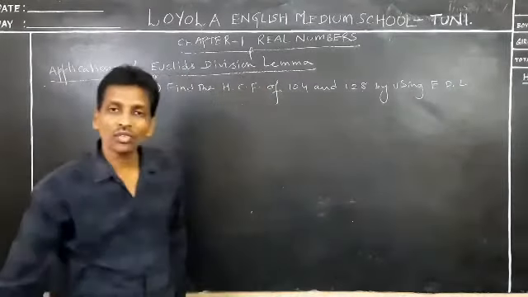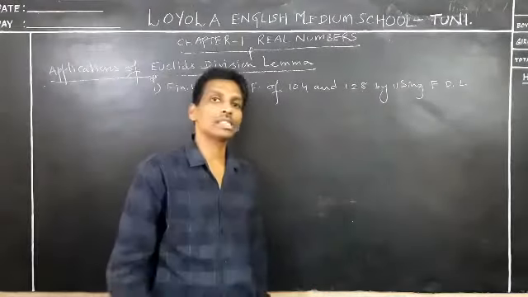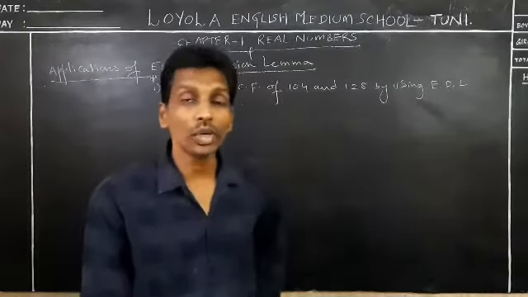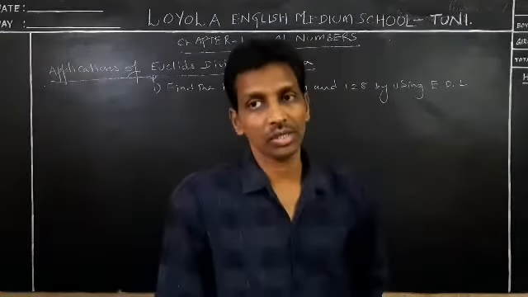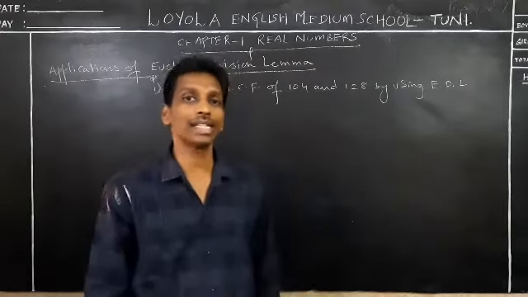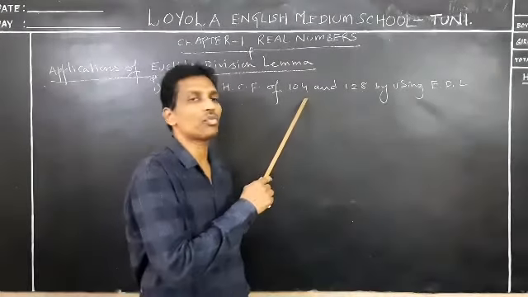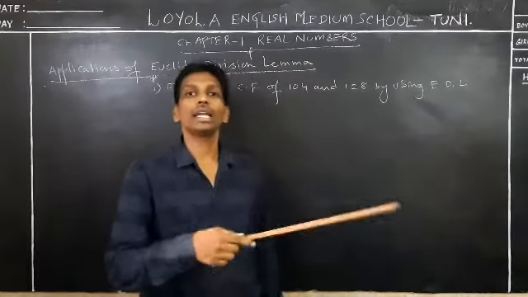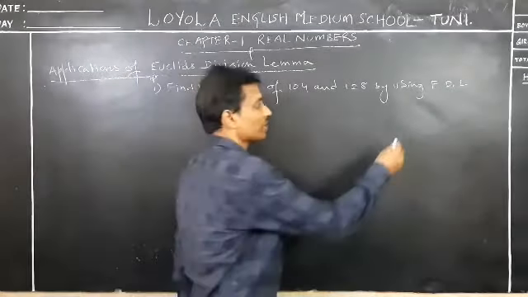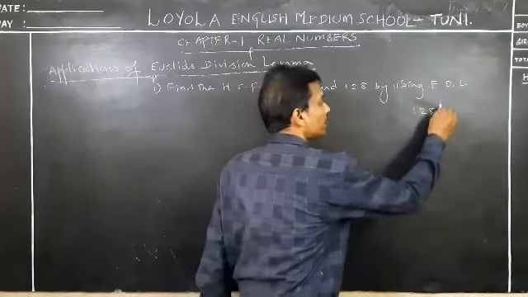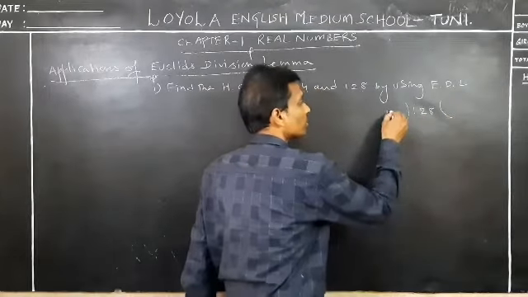In between 104 and 128, what is the largest number? 128 is the largest number. So we consider 128 as the dividend. So automatically we consider 104 as divisor. And let us continue the division. 128 divided with 104.